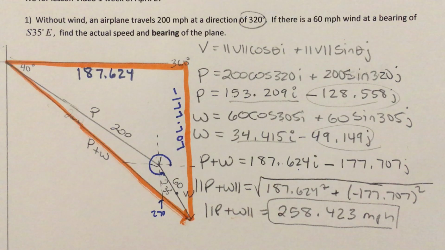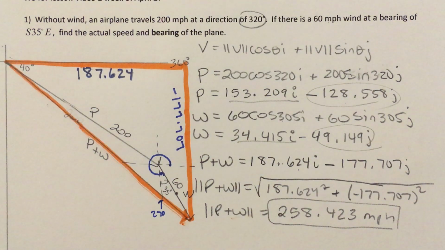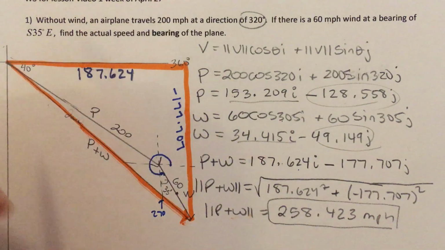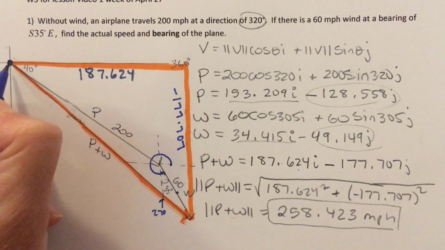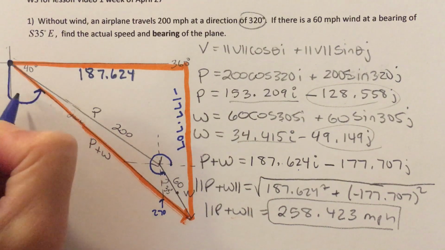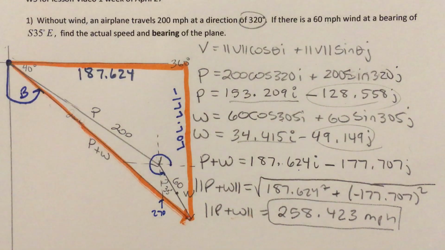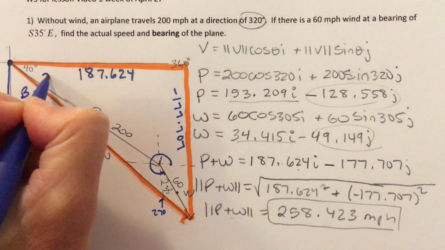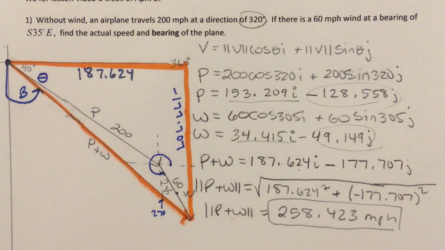And then it asked for the bearing. Let's just talk about what the bearing is first of all. The bearing is you start at the origin, and of course you have to go south for this one, and then you have to go east. So this is what we're looking for right there. I'm going to use tangent to find this one, which of course would be the complement of the bearing.